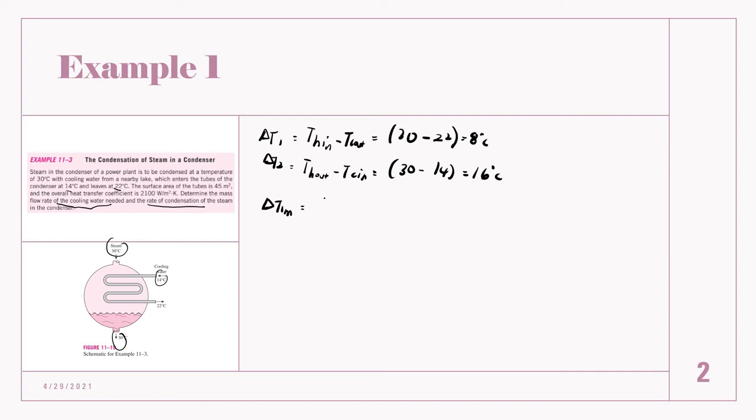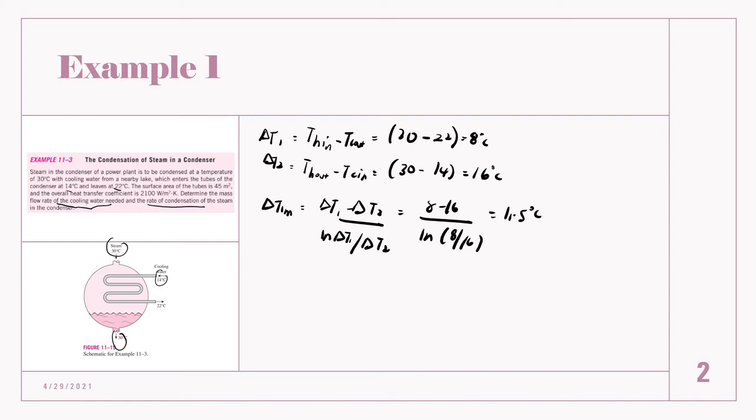Delta T LM is equal to delta T1 minus delta T2 over ln delta T1 over delta T2. Just input the values and you will get around 11.5 degrees Celsius.